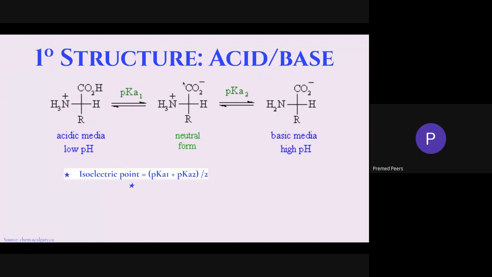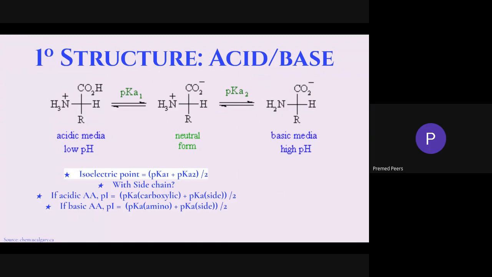If you come to the middle point of these two pKa values, the positive and negative 0.5 become 0, and that is the isoelectric point, where the charge of the entire amino acid is 0.